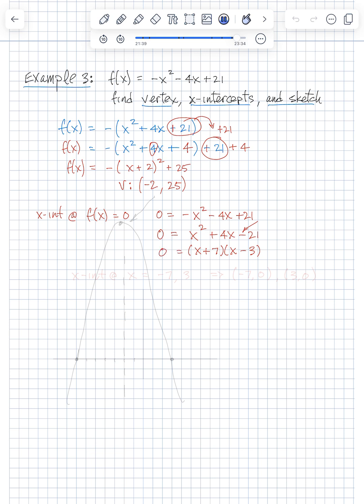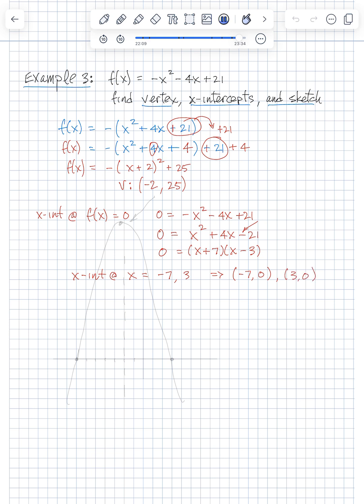So that means our x-intercepts are at x equals negative 7 and 3. Another way to write it is negative 7, 0, and 3, 0.